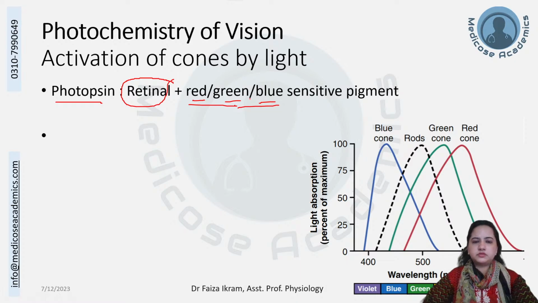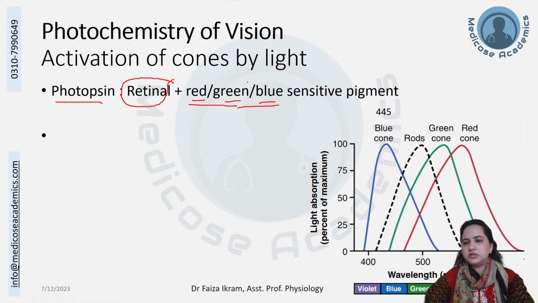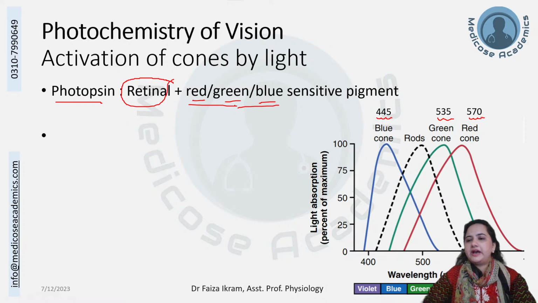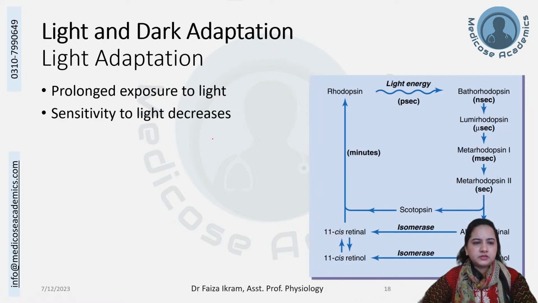There are three types of cones: red cones, green cones, and blue cones, which have sensitivities to different wavelengths of light, which is in front of you. Blue light is at the short wavelength, green intermediate, and red has its absorption at the large wavelength of light. Rods are intermediate at 505 nanometers, in between the blue and the green cones.